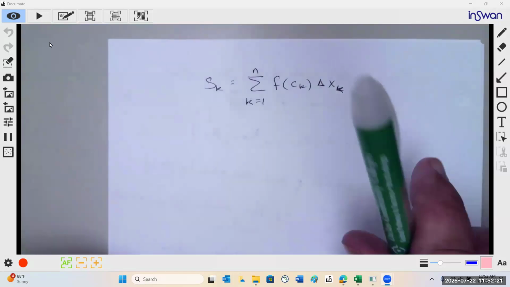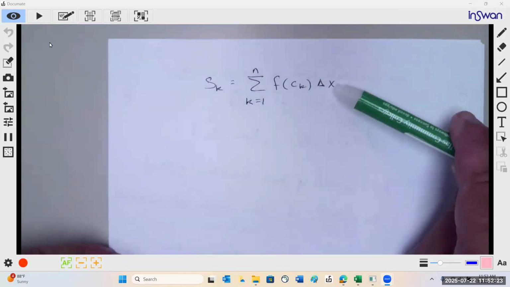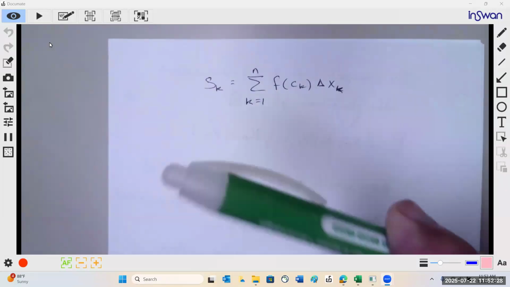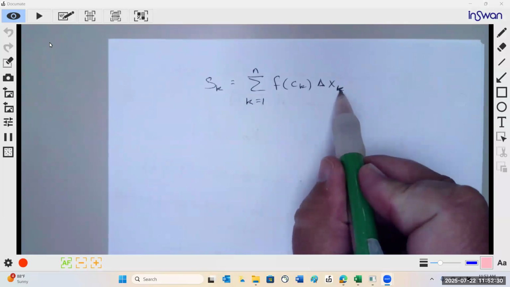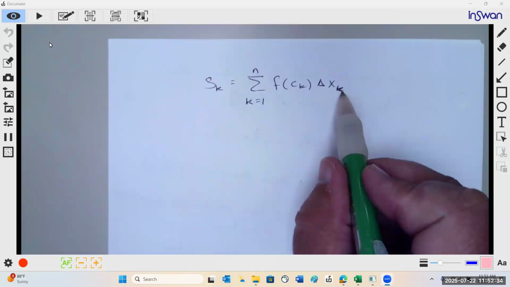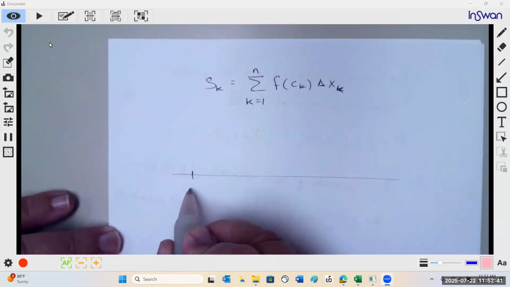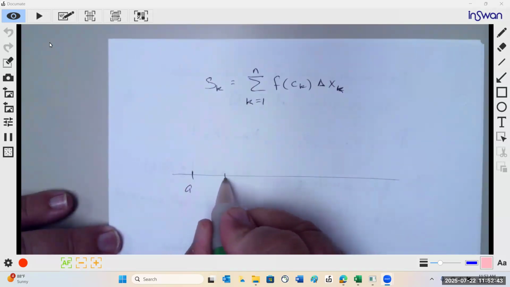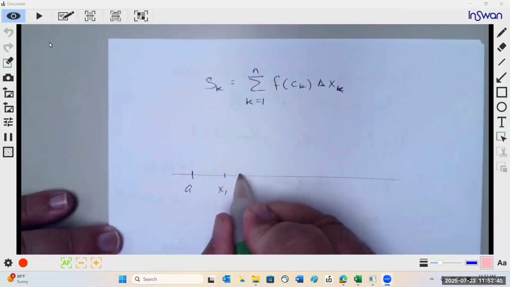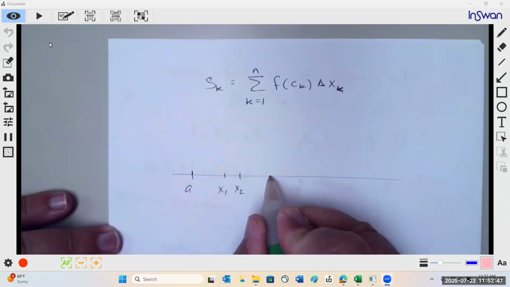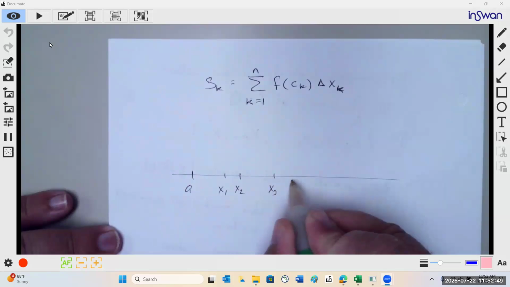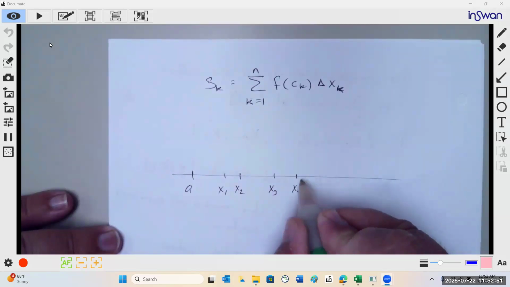Up until now, if all the delta x's were the same, that b minus a over n, then we'd have all the same. But what really is going to happen is our intervals will not be the same width. In other words, here's a. Here's x sub 1, x sub 2, x sub 3, x sub 4.